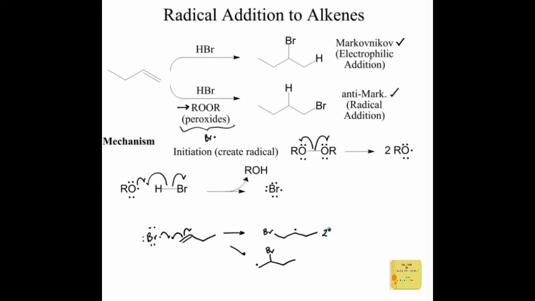So if we take a look at this secondary one and this primary one, we'll see that the secondary is going to be favored. Okay, so just like we've seen before, we're going to follow the path that gives the more stable radical intermediate.